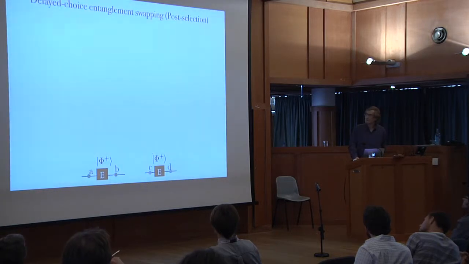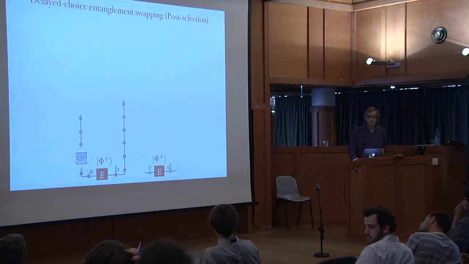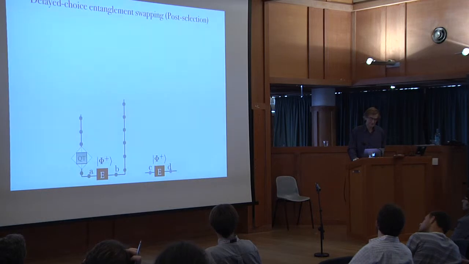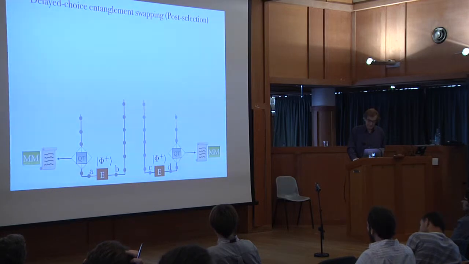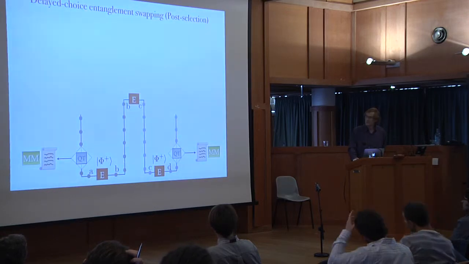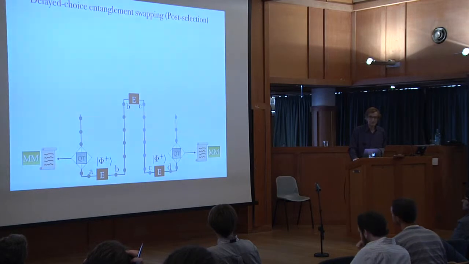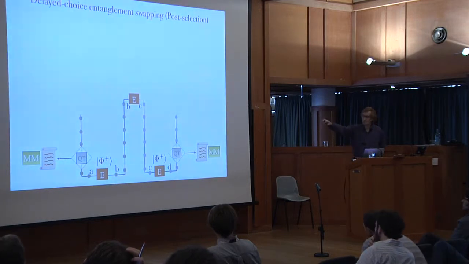The next step, the final step, is delayed choice entanglement swapping, a sort of example of post-selection. So we prepare the qubits exactly the same as before, except this time we do the quantum tomography data first. And we do the quantum tomography data first on the qubit D as well, maximally mixed. Then we do the entangling operation on B and C so that the quantum tomography data is in the past light cone of the entangling event.